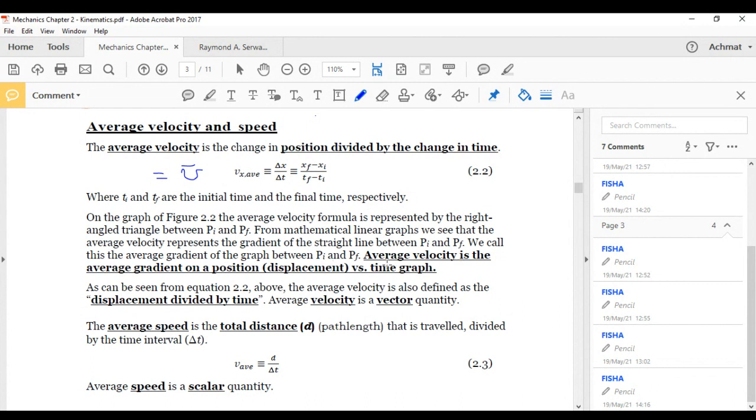Okay, and here, what do they underline here? So this is important then. Average velocity is the average gradient on a position versus time graph, or on a displacement time graph. Again, average velocity is the average gradient on a position time graph.